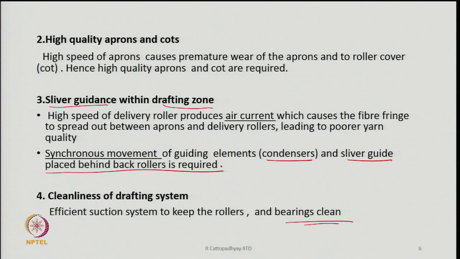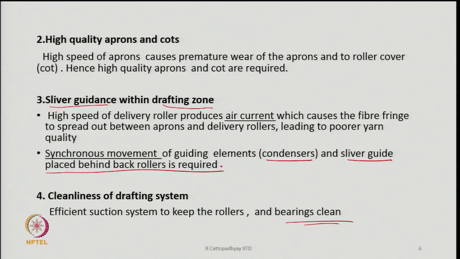To a layman, the drafting system of an air jet spinning machine and that of a ring spinning machine will appear similar, but the difference exists in the quality of the rollers, the guidance system that we have, and the kind of cleanliness that we require. Only then will the drafting system be successful. These are the requirements, and accordingly all the drafting elements are manufactured.